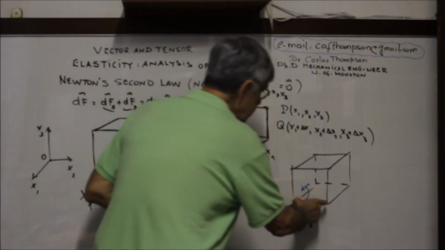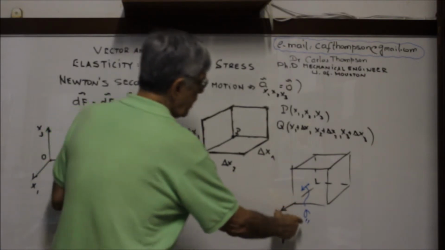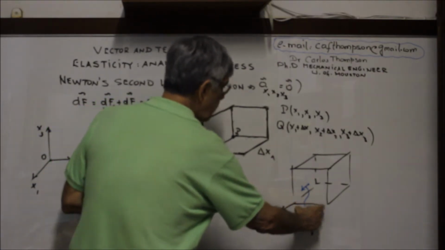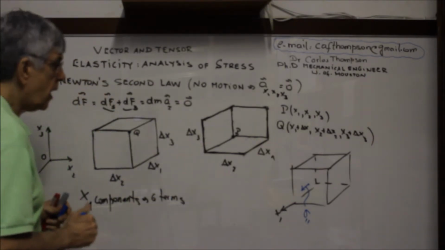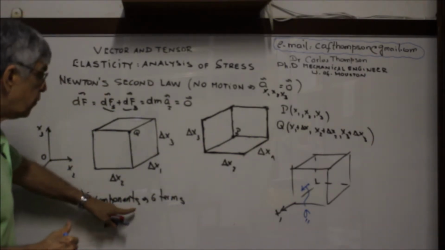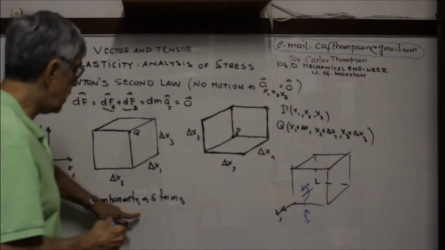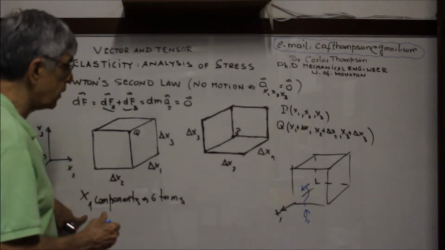This area here is delta x2 times delta x3. I'll write this later. Now, we already have the first term in the x1 component.